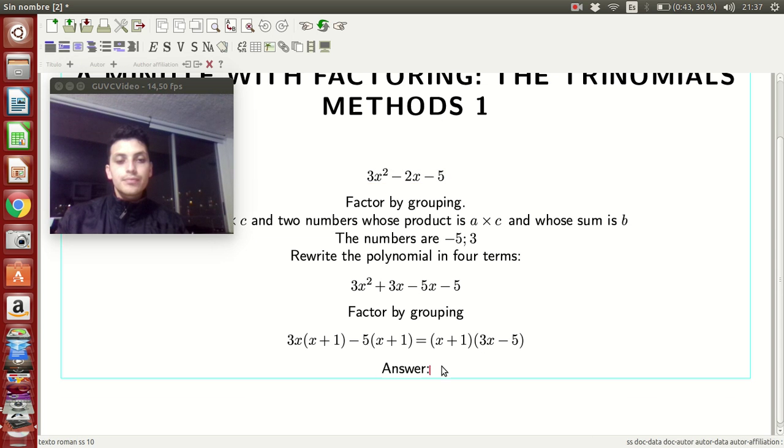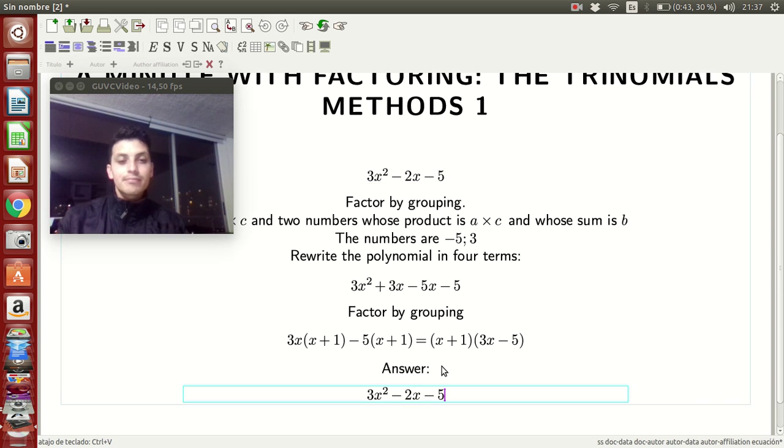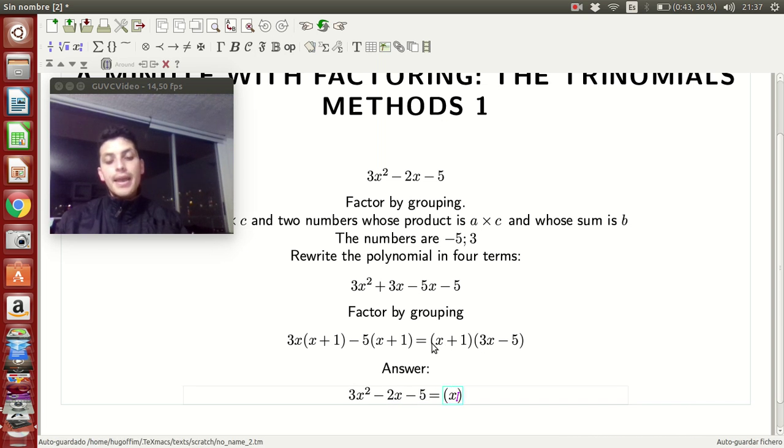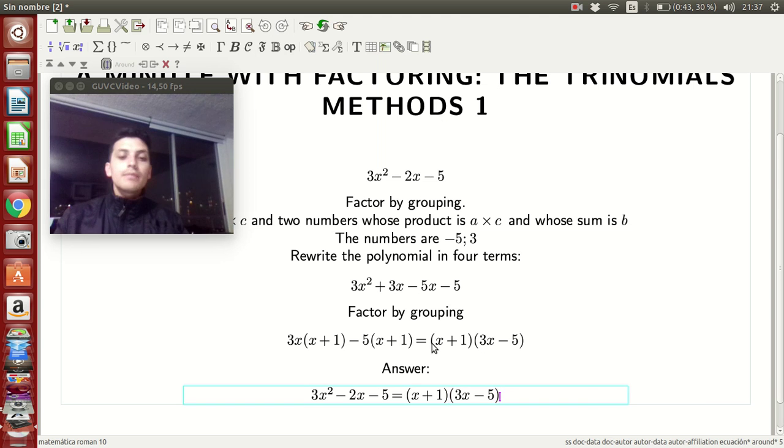The answer: 3x squared minus 2x minus 5 equals x plus 1 times 3x minus 5. You can check if it's correct by doing the multiplication using FOIL.